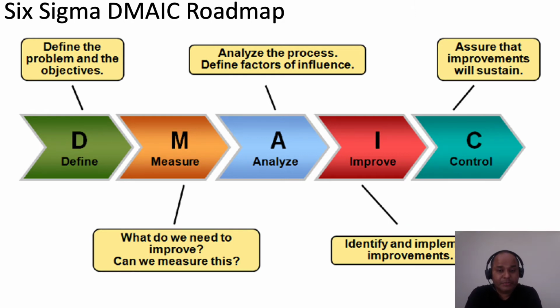M is measure. Measure means what do you need to improve? Can we measure this? A stands for analyze. Analyze the process and define factors of influence. I stands for improve. Identify and implement the improvement. C stands for control. Assure the improvement will sustain.